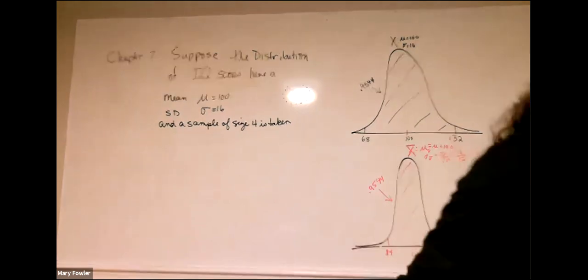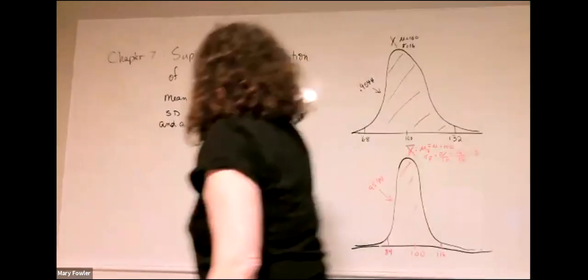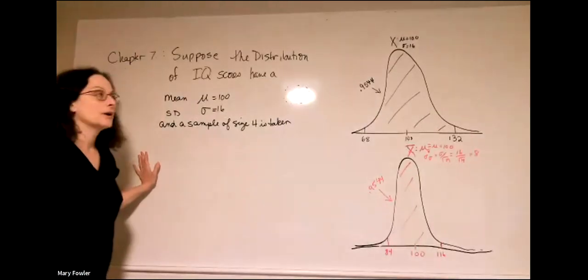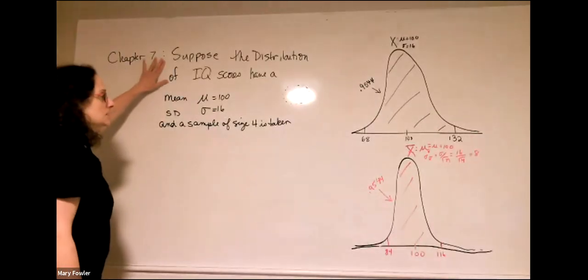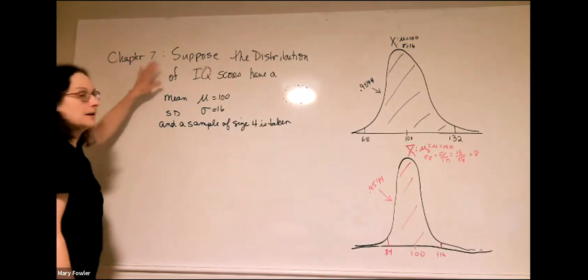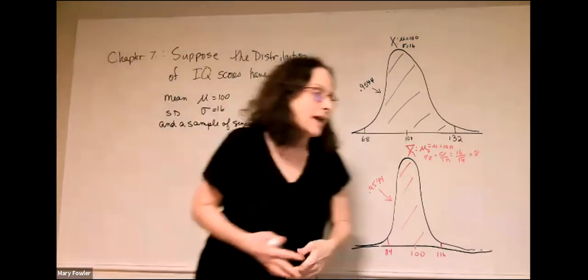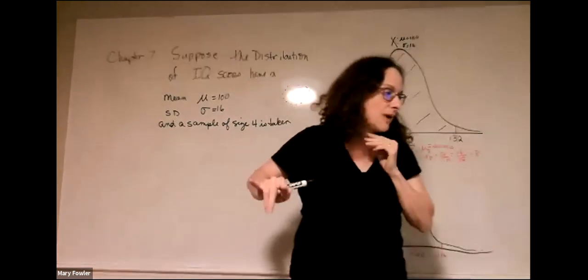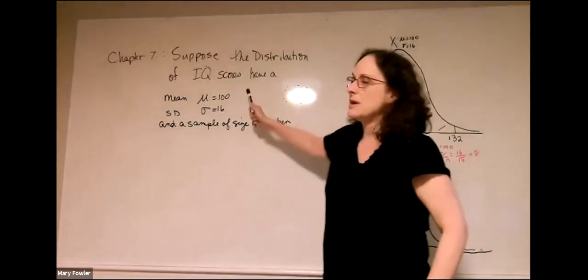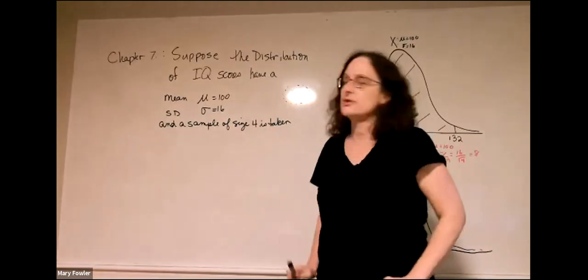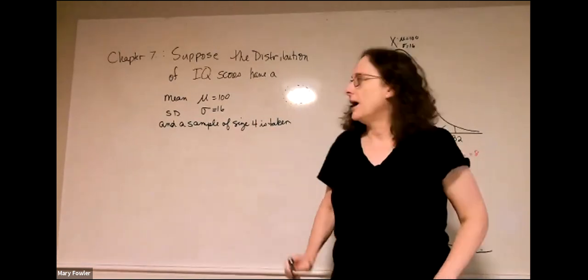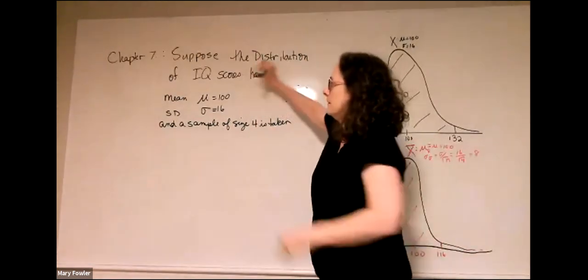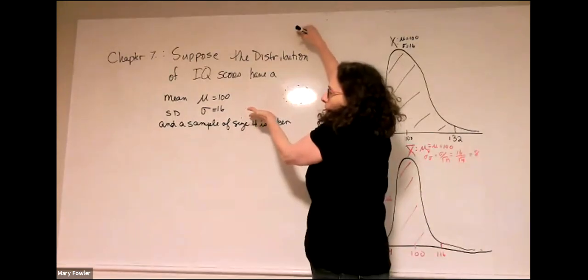So I have a problem on the whiteboard here. This is a distribution that we've seen and we've played with quite a bit in the class, right? Suppose the distribution of IQ scores has a mean of 100 and a standard deviation of 16. That distribution is something we've looked at before.